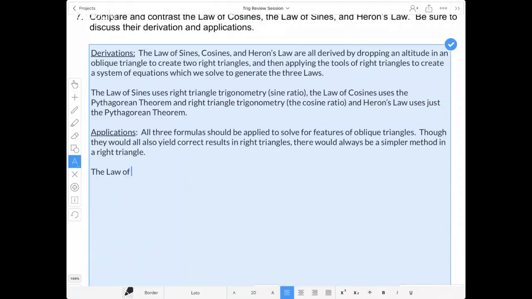The law of sines can be used to solve for side lengths given angle, side, angle, or angle, angle, side, and for a missing side given side, side, angle.